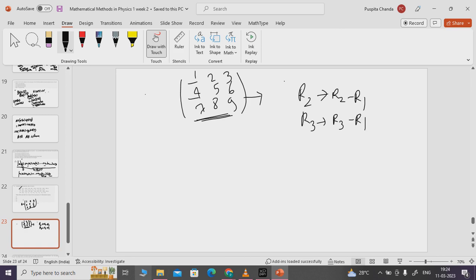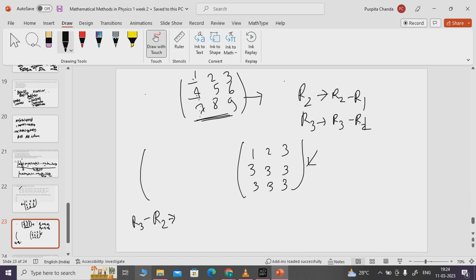Here you can see that 4 minus 1 is 3, and 7 minus 4 is also 3, so the difference is 3. It will become 1 2 3, 3 3 3, 3 3 3, and then R3 minus R2 gives 1 2 3, 3 3 3, 0 0 0.